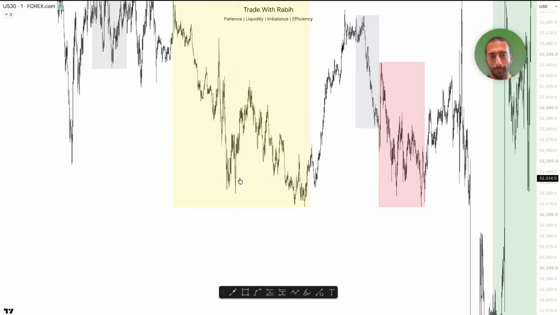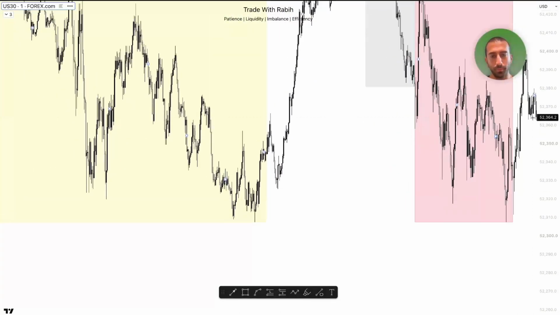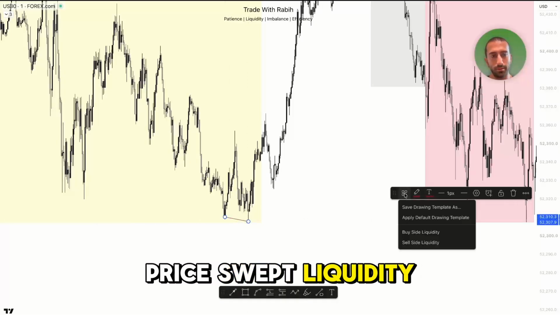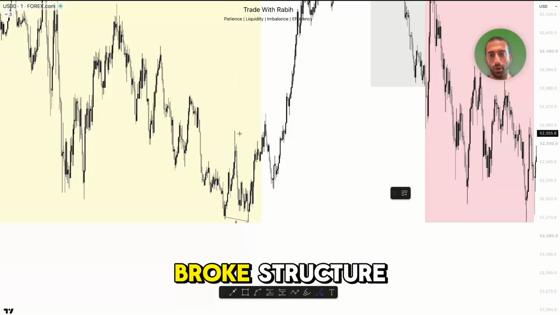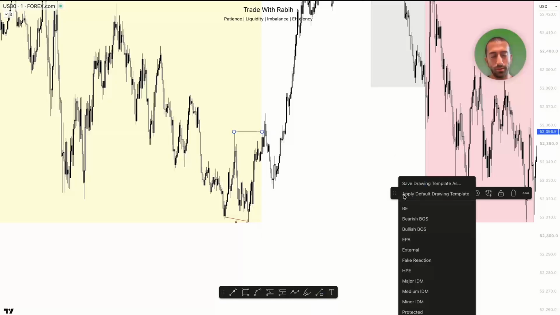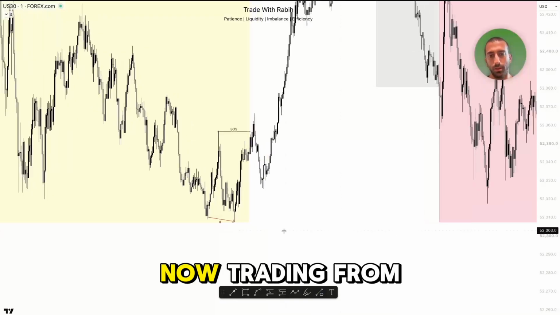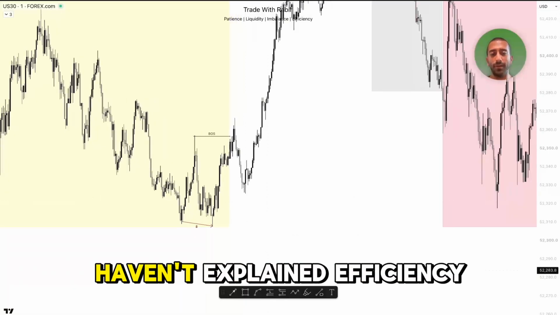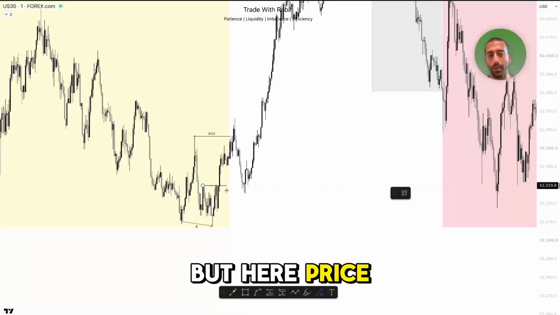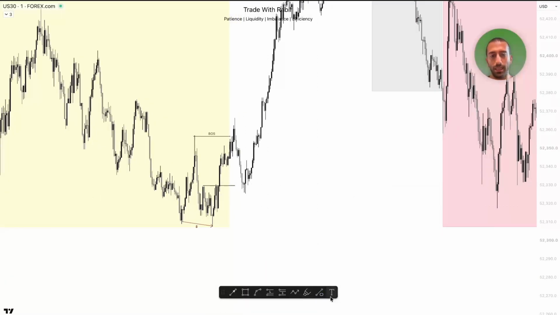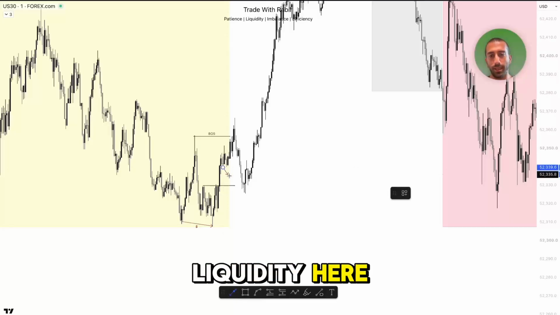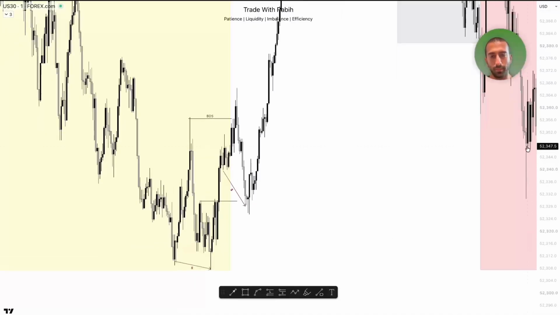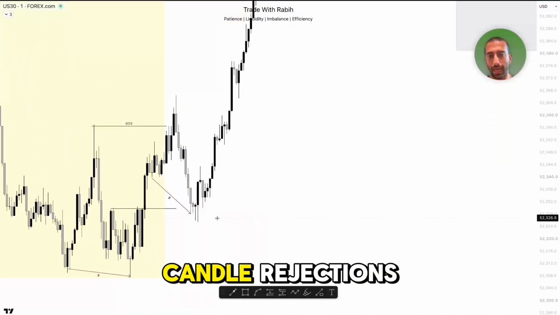Next. The same concept here. Price swept liquidity. And then it broke structure. Now, trading from here is 100% valid, even though I haven't explained efficiency yet. But here price is reacting from efficiency. It already swept liquidity here. It gave you candle rejections.